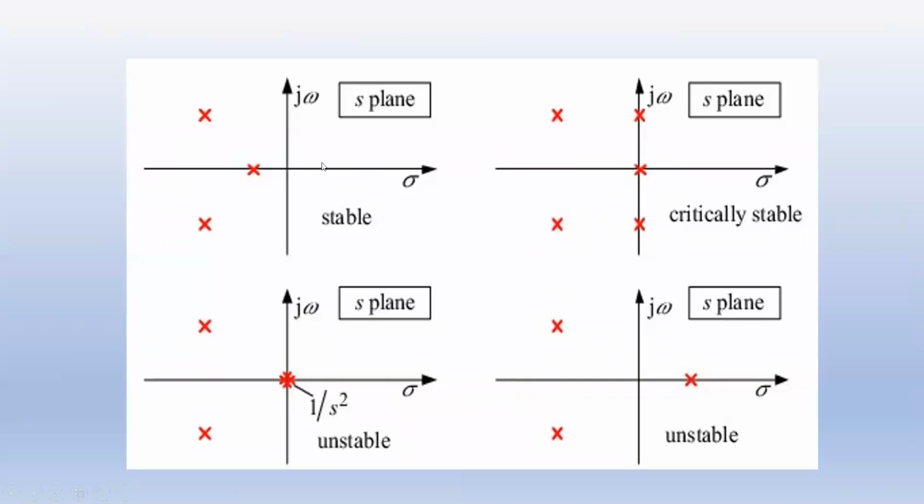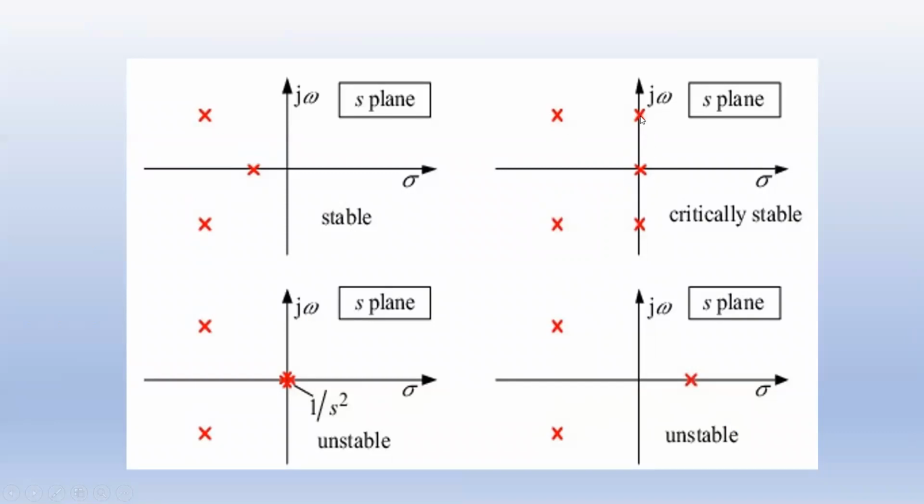Let us solve some problems regarding stability and location of poles. For the first, here is one pole over here, one over here, and one over here, and complex conjugate poles are here. All of these poles are in the left half plane, so this system is stable.